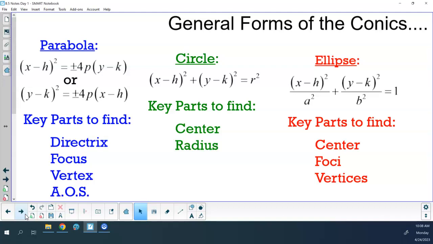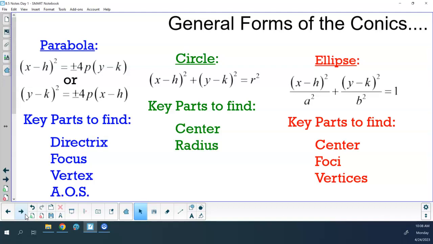For a parabola, remember we have 2 different forms, one for an up or down opening parabola, one for a left or right opening parabola. And with a parabola, the 4 key parts that you will also need to find are the directrix, the focus, the vertex, and the axis of symmetry.